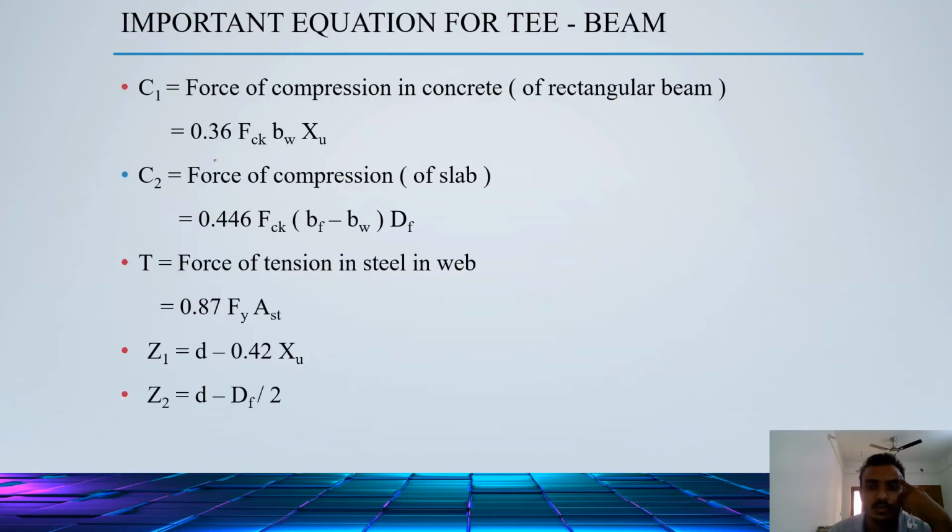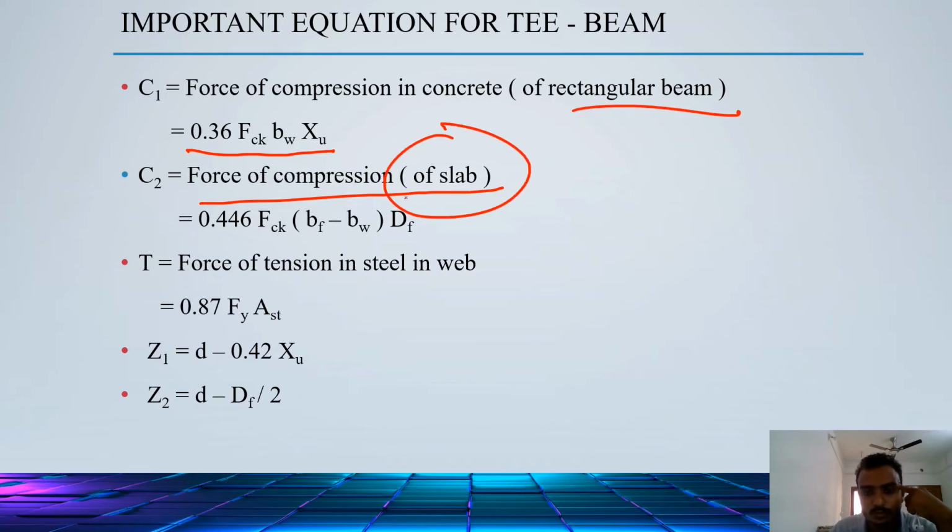Then the compression force in concrete has the equation 0.36 FCK BW XU. This compression force is for the rectangular beam and this compression force is for the slab. For the slab we have 0.446 FCK (BF minus BW) into DF, where capital DF is the overall depth of flange. C1 and C2. So T is equal to the force of tension in the steel in the web.